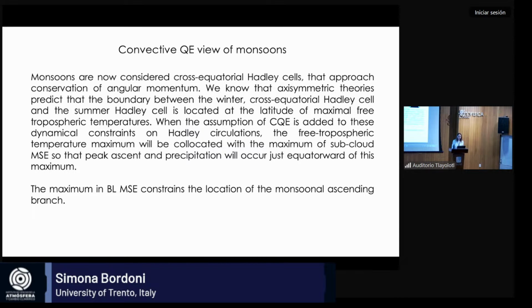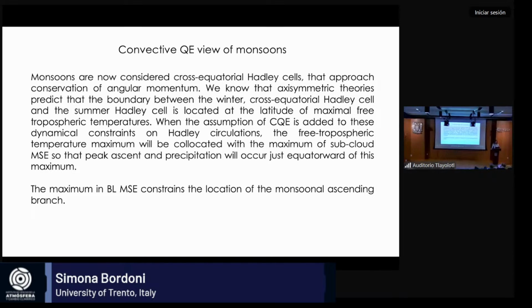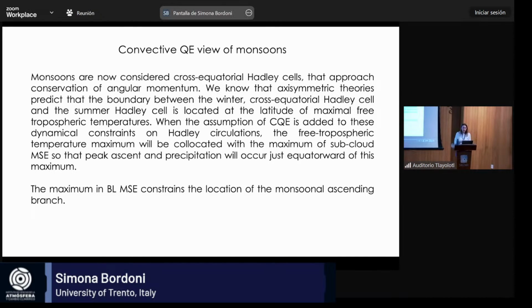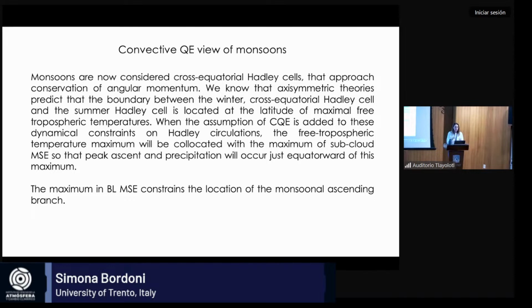When we think about what convection does and how it interacts with the large-scale circulations, we have shifted from ideas that interpreted the latent heat release associated with convection as the driver for large-scale circulation to this more statistical view where, in reality, convection consumes the instability, the CAPE, that exists in the vertical column on a much faster scale than the scales associated with the buildup of CAPE. So convection is a fast process relative to large-scale advection or radiation.